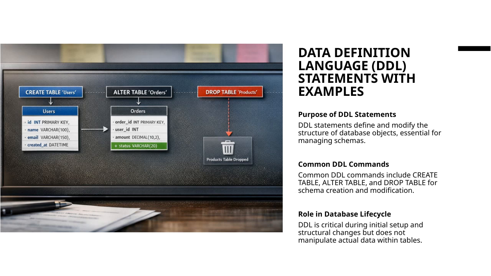These commands play a crucial role during the initial setup of the database and whenever the structure needs to be updated. However, it's important to note that DDL commands don't manipulate the actual data stored in the tables. That's handled by other SQL commands designed for data operations.